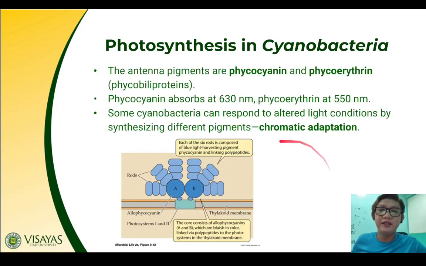The antenna pigments are phycocyanin and phycoerythrin. Phycocyanin absorbs at 630 nanometers, and phycoerythrin at 550 nanometers. Some cyanobacteria can respond to different light conditions by synthesizing different pigments, a process called chromatic adaptation.